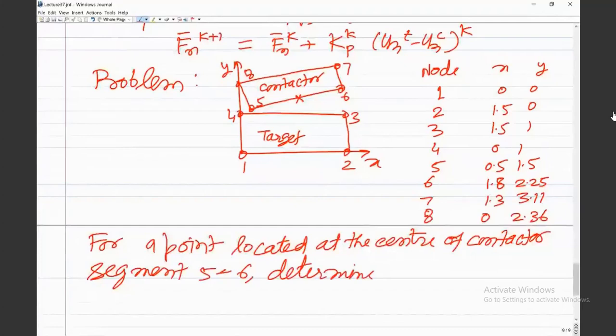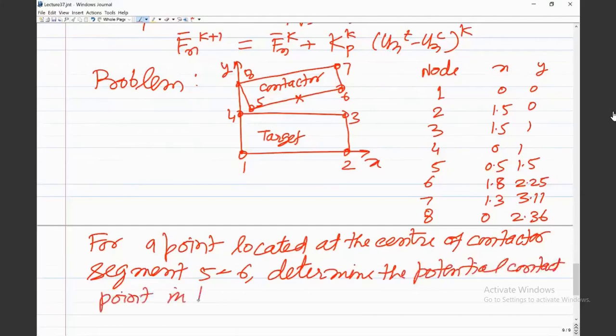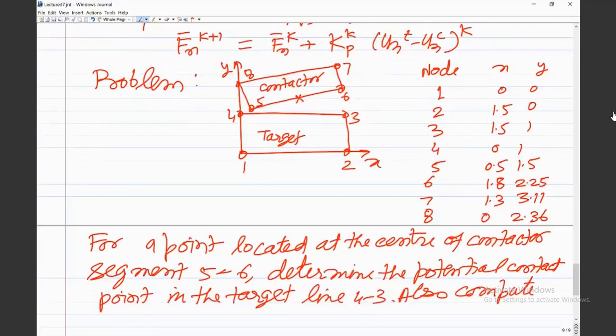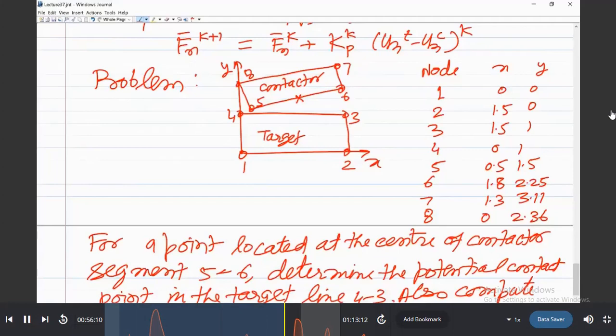Determine the potential contact point in the target line 4-3. Also compute the gap G. So you can try solving this problem.